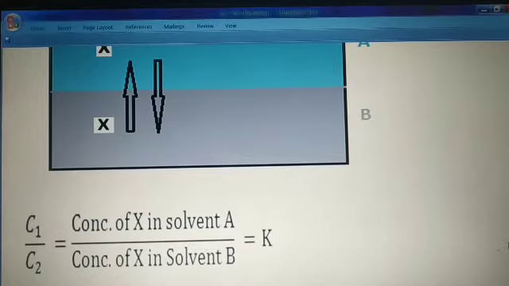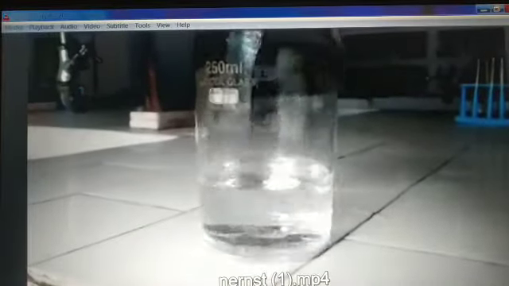Let us see a small video that is related with the Nernst distribution law. So see here, this is CCl4 that is being taken in the flask. To the CCl4, I will add some water.